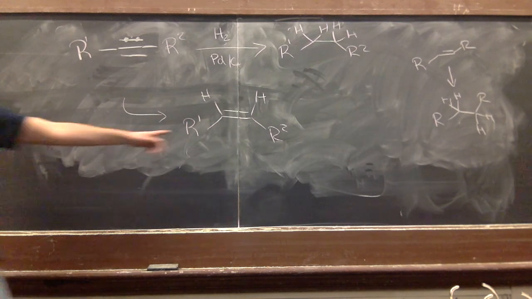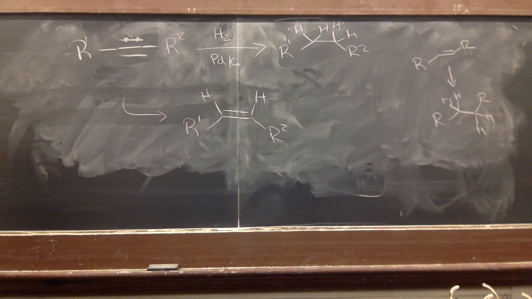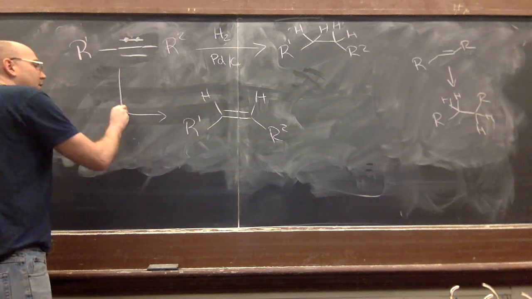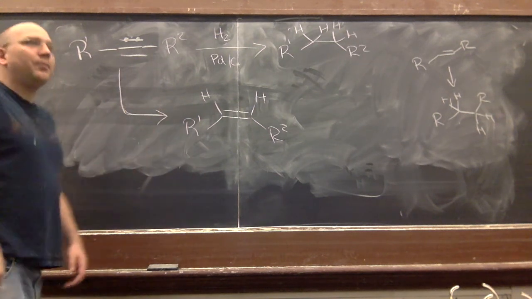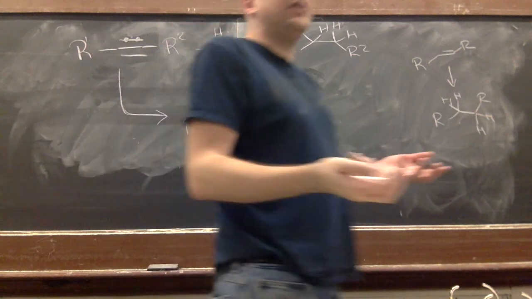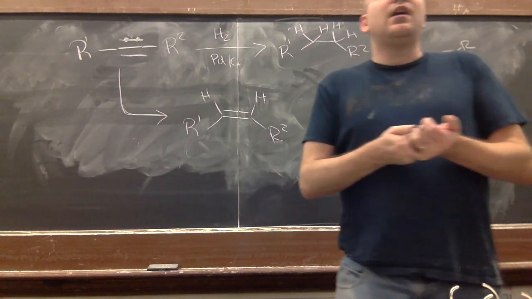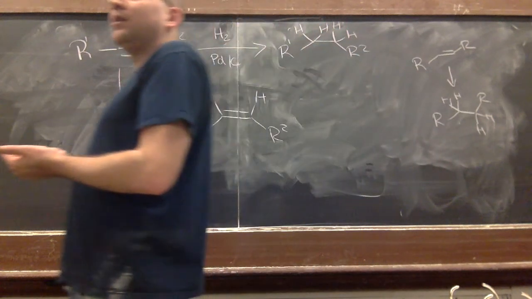But it turns out that you can do this, and this is another one that's perhaps a little bit easier to remember. It has a name, and it's called Lindlar's catalyst. If you can remember that, great.